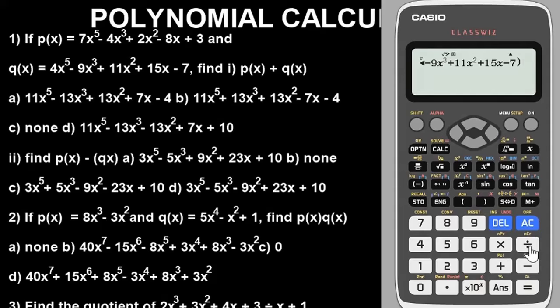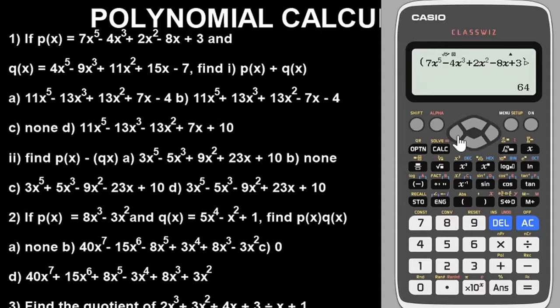Yeah, so let's press the equals. We're going to have 64. So right guys, we got 64. We're going to check the option that will give us 64. Any one that gives us 64 will definitely be the answer.